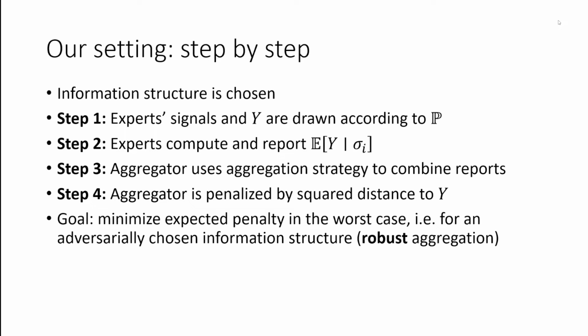And we penalize the aggregator by the squared distance between the number that they say and the correct answer, which is Y. Now, our goal is to minimize the expected penalty, so the expected squared distance, in the worst case. That is, for an adversarially chosen information structure. And for this reason, this setup is called robust aggregation, because we want it to be robust to worst case choices of the information structure.